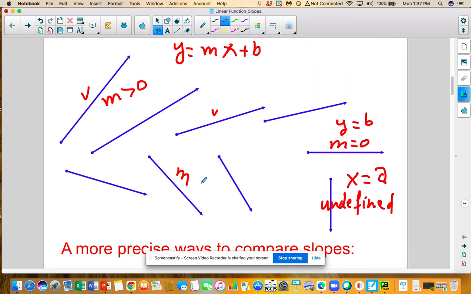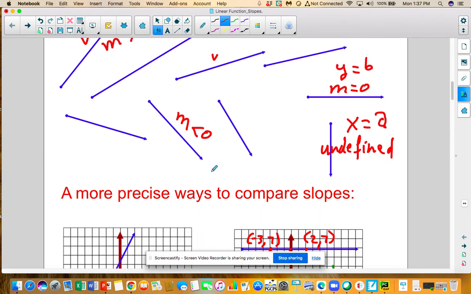So the negative and the positive just tell you the direction, but in terms of the steepness, the absolute value of that number will tell you exactly how steep that line is. So let's move on.